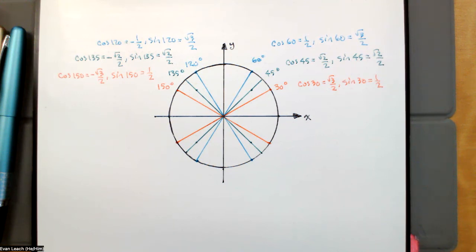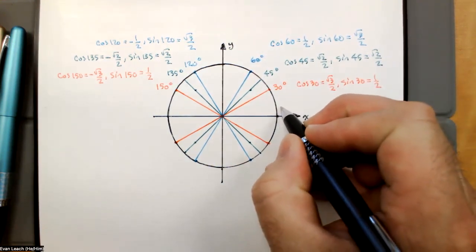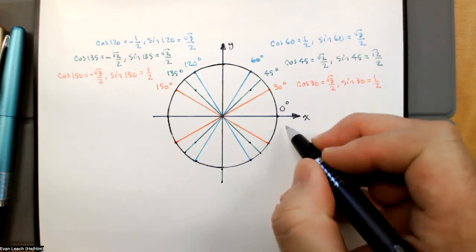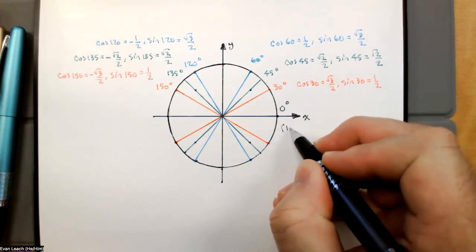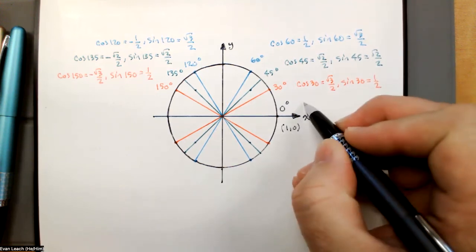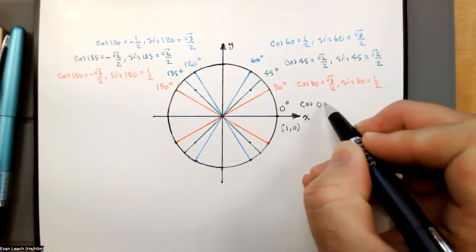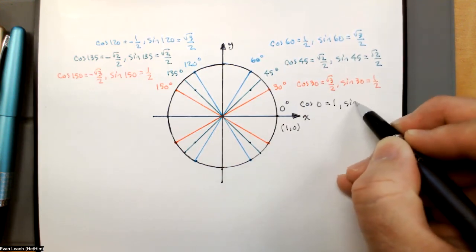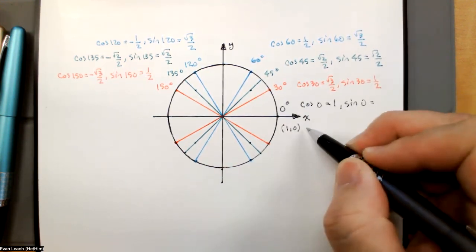The other thing that we would want to note is what's going on at the quadrant angles. So here's a 0-degree angle. Since we're on the unit circle, the coordinates of this point are 1, 0. And so that tells us that the cosine of 0 is equal to the x-coordinate, which is 1. And the sine of 0 is the y-coordinate, which is 0.